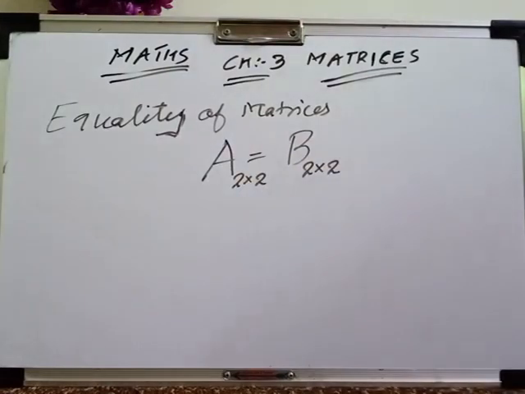Here the left hand side matrix is of order 2 cross 2. Then the right hand side matrix should also be of the same order, that is 2 cross 2. The order of two matrices should be equal, then and only then will equality exist, or else it will not.